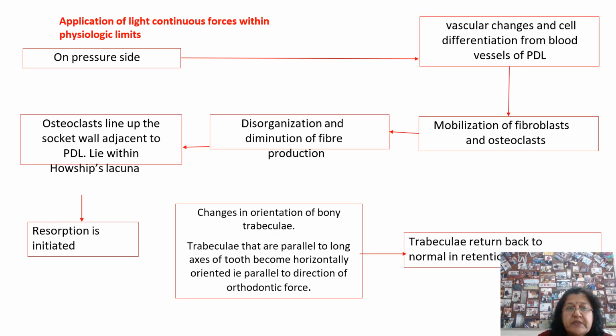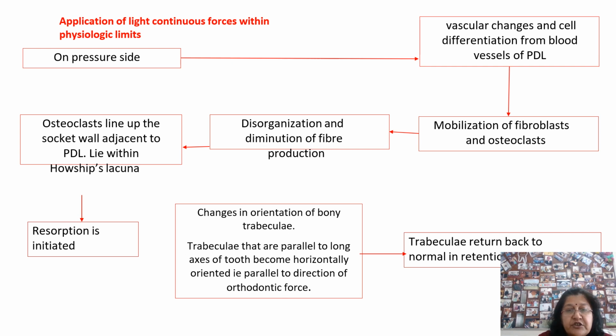So when light forces are applied on the pressure side, vascular changes and cell differentiation from the blood vessels of the periodontal ligament take place. There is mobilization of fibroblasts and osteoclasts. Also, there is disorganization and diminution of fiber production. The osteoclasts line up the socket wall adjacent to the periodontal ligament and lie within Howship's lacunae, and resorption is initiated.